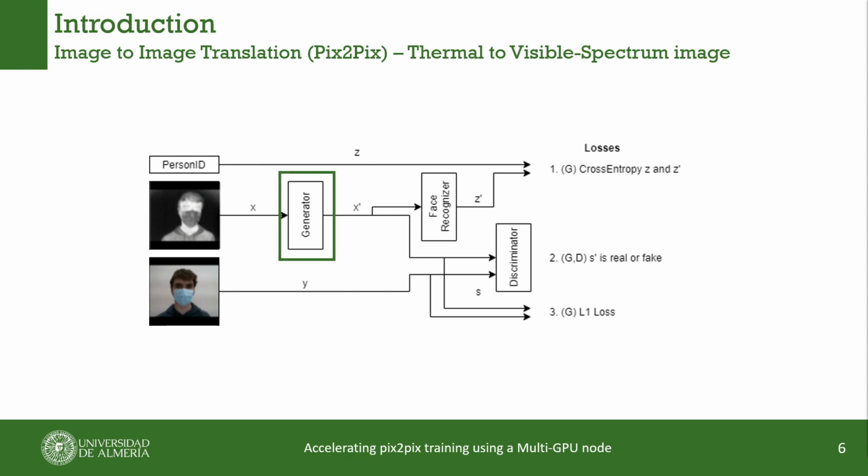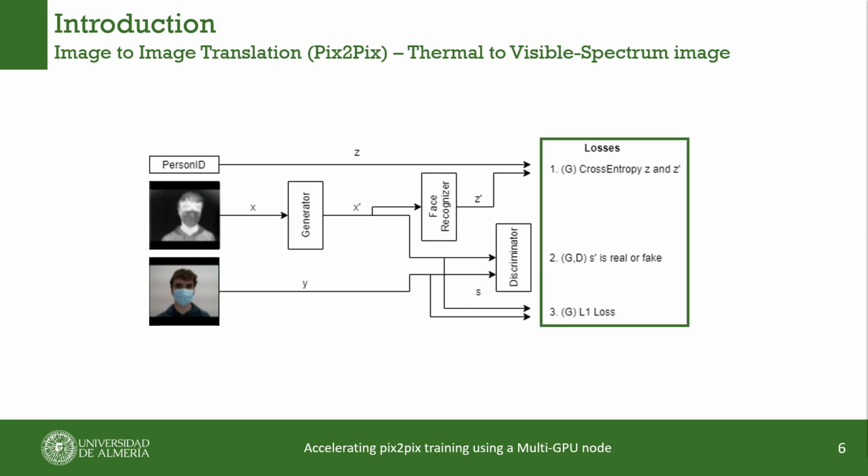The networks, where we have the generator, which transforms thermal to visible images; the face recognizer, which tries to identify the person generated by the generator; and the discriminator, which discriminates between images generated by the generator and images in the dataset. Also, we have some loss functions which calculate errors on the generator and face recognition.